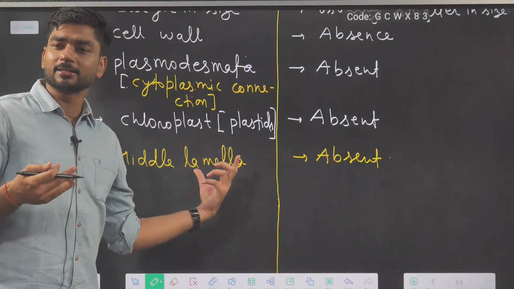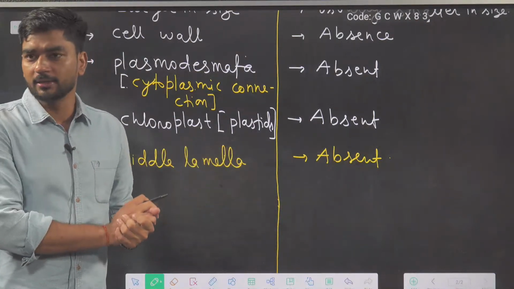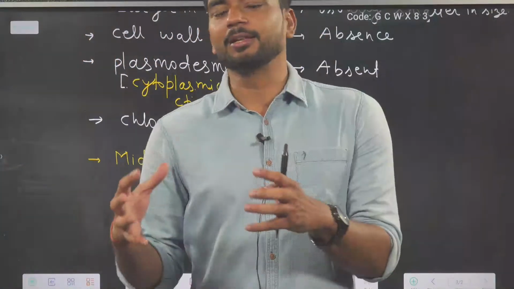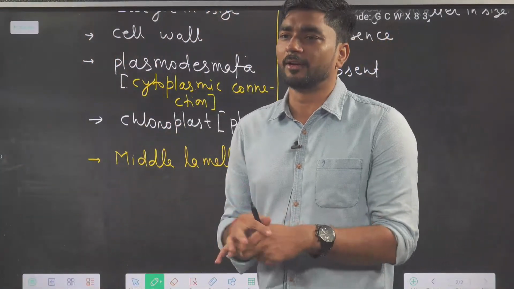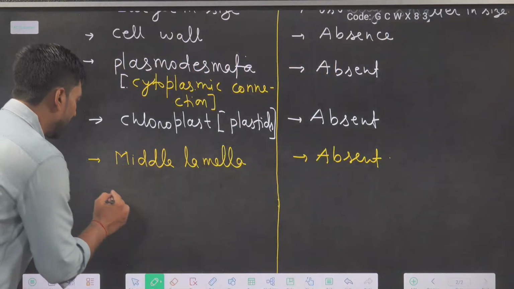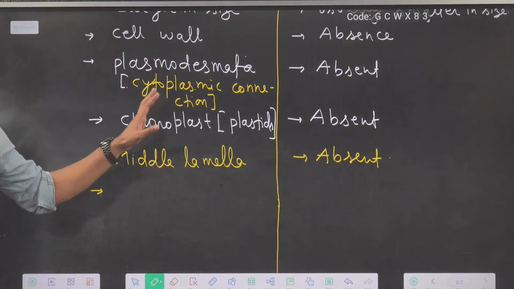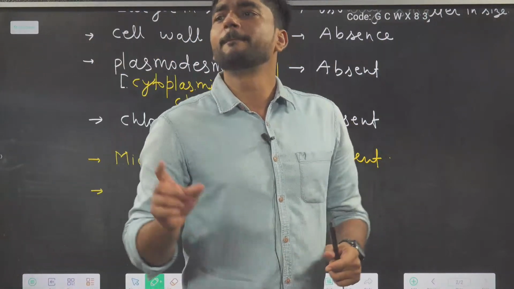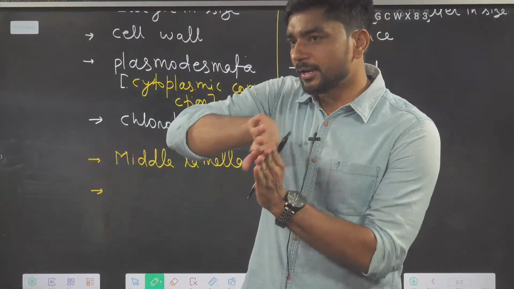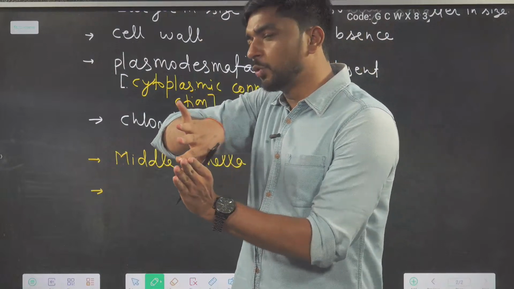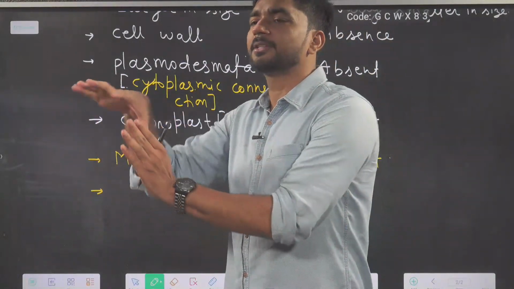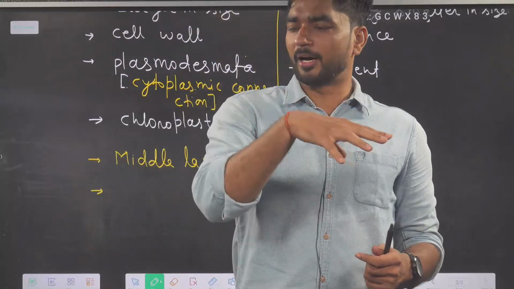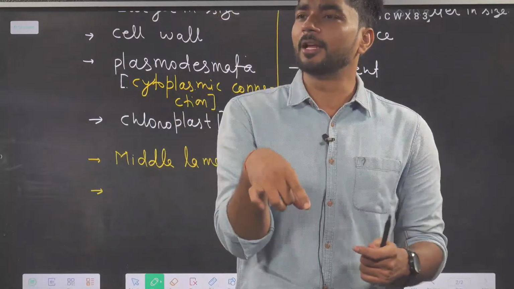Next one is which one is having the nucleus, plant cells or animal cells? So my answer is both have the nucleus, but their locations and size are totally different. Nucleus is present in the plant cell, but it is towards the corner. Why? Because most of the space is occupied by the vacuole.